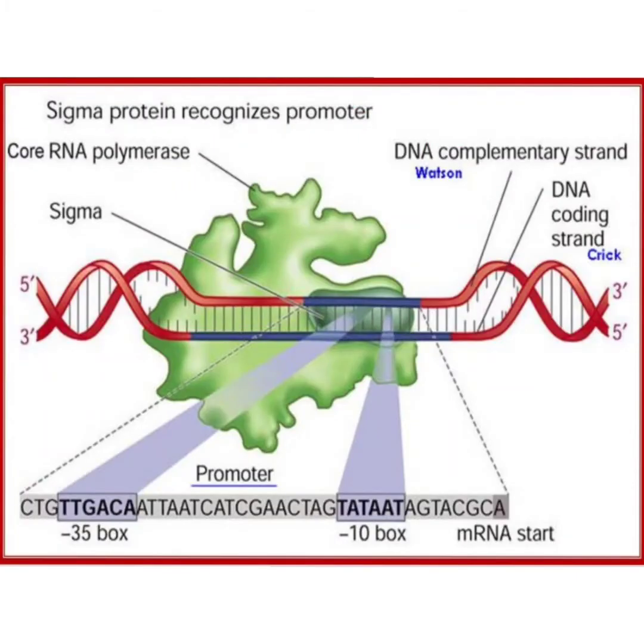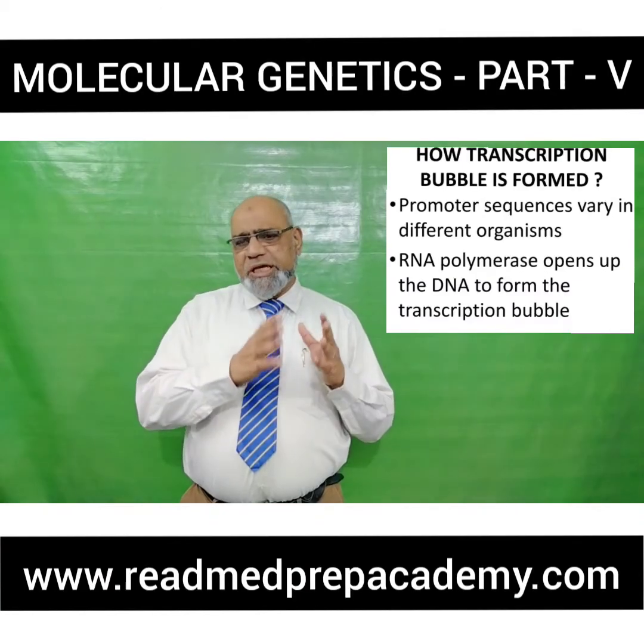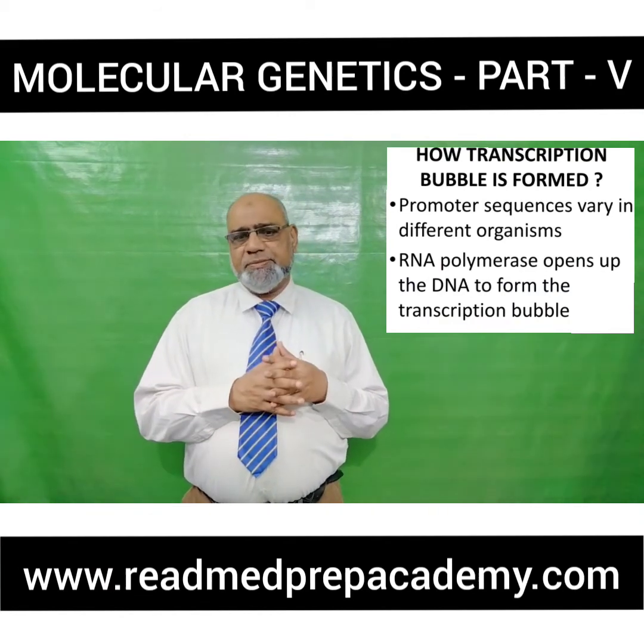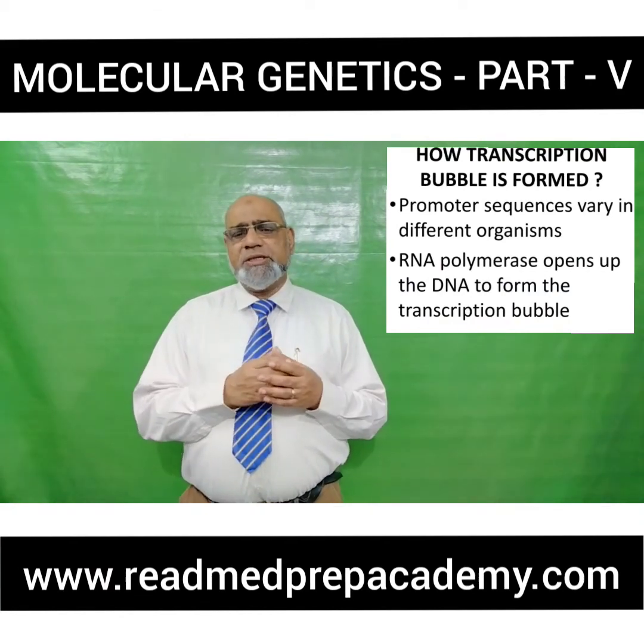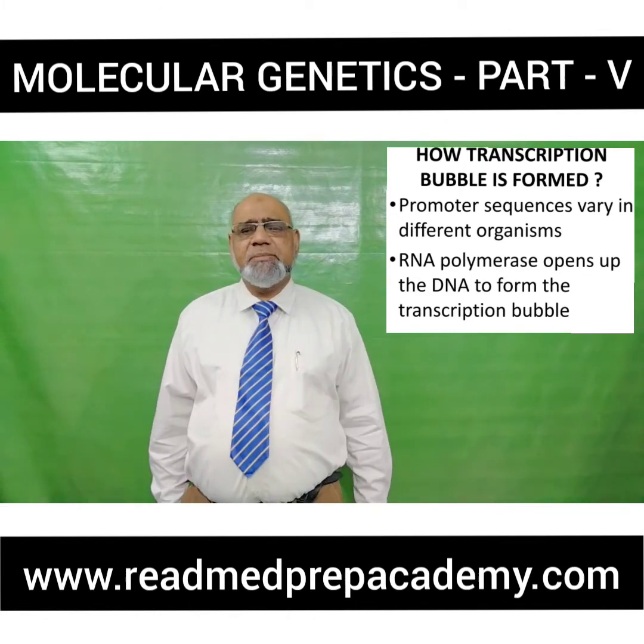The sigma protein recognizes the promoter and gets attached along with the RNA core enzyme to the promoter site. The sigma remains at the promoter site and the core enzyme moves forward, adding nucleotides to the RNA chain. Promoter sequences vary in different organisms. RNA polymerase opens up the DNA to form a transcription bubble.